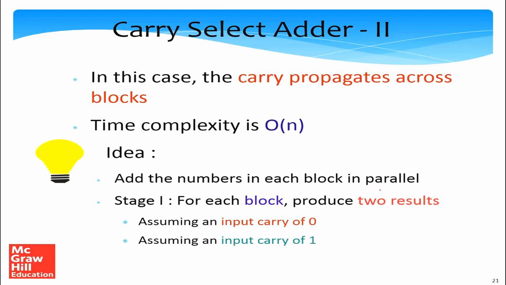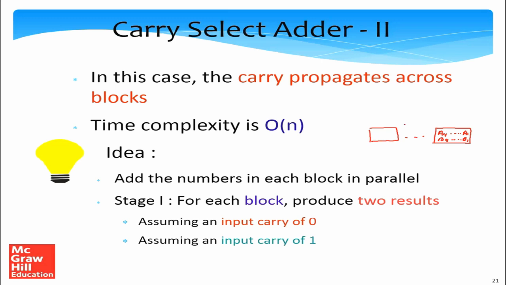So here is what we want to do. Let's consider the structure of the addition, right? What have we done? We have essentially divided the numbers into blocks of 4 bits. So let's consider one block.